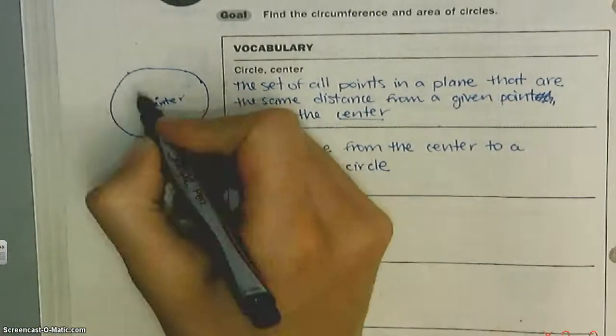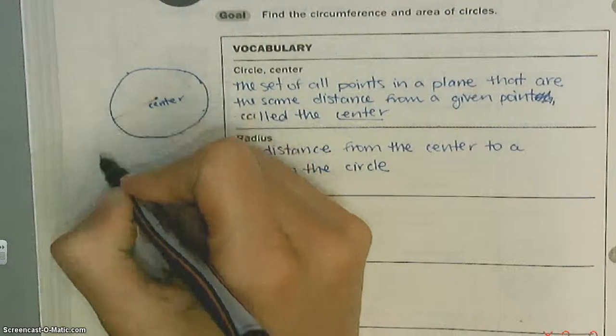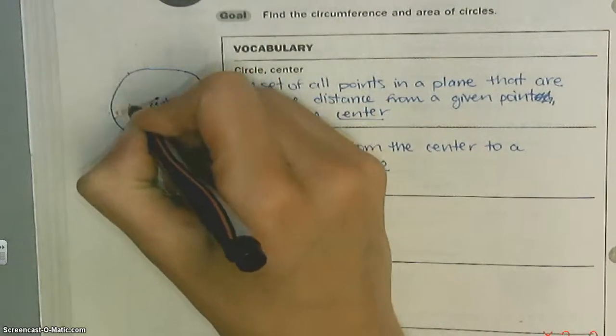So if I go from the center to a point on the circle, that is called the radius.